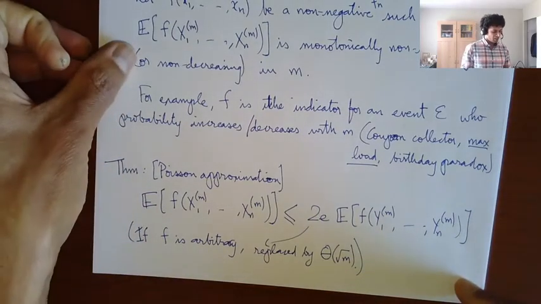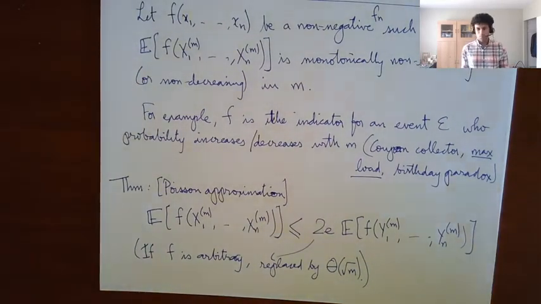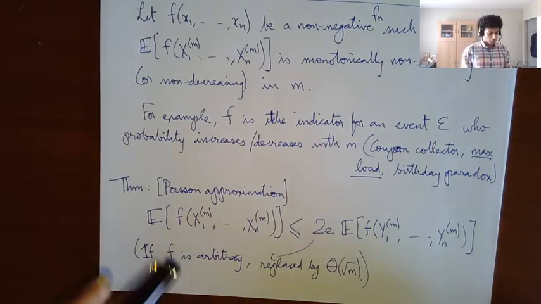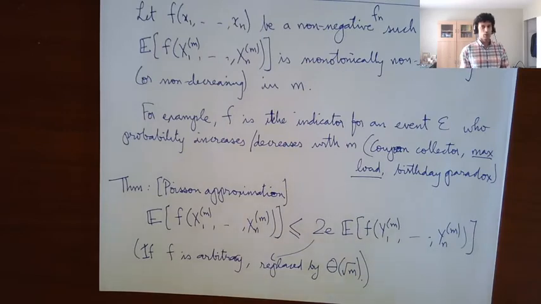If you're looking at arbitrary functions, then this doesn't give you lower bounds, but for the kinds of functions we're interested in, typically indicators, that is probabilities of events, you will get lower bounds as well. But the lower bound will be up to a constant. So in some sense, either the upper bound is interesting or the lower bound is interesting. Both of them are not simultaneously interesting because you have a large constant over there.